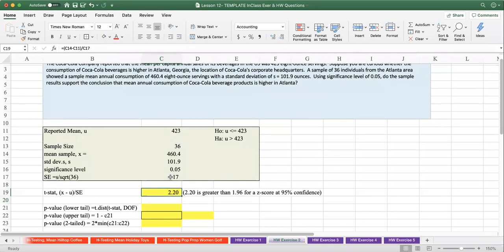Okay, and that 2.2 is greater than 1.96, so it's outside of that area that's being captured. Remember, when you look at a normal distribution, you're looking at how many standard deviations away from the mean we are.